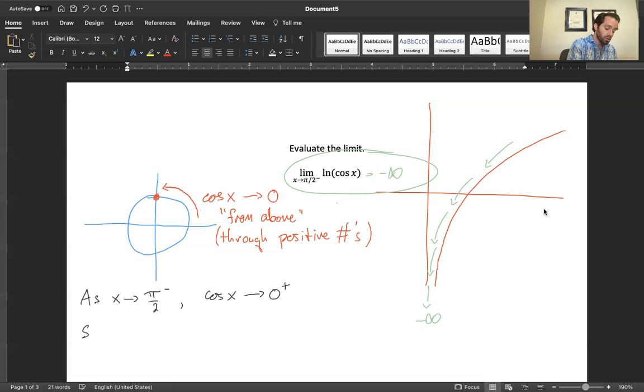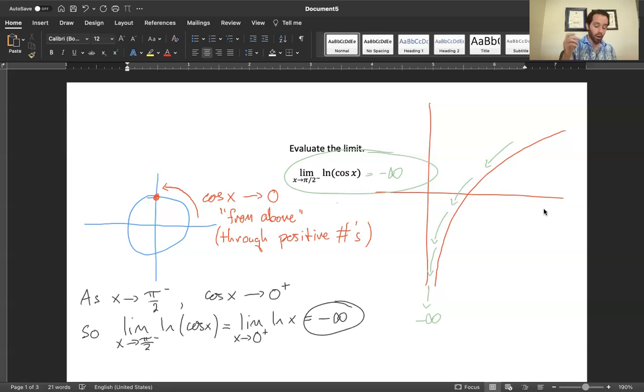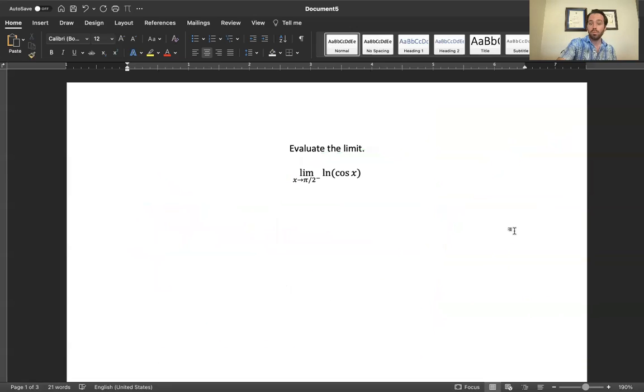Okay, so the limit as x approaches pi over 2 from the left of ln cosine x is going to be the same as the limit as x approaches 0 from the right of ln x. And from the graph of ln x, or from the definition of logarithms, we can see that that has to be negative infinity. Okay, let's go to the next problem.